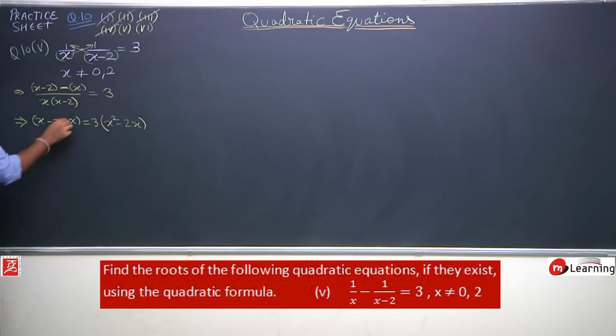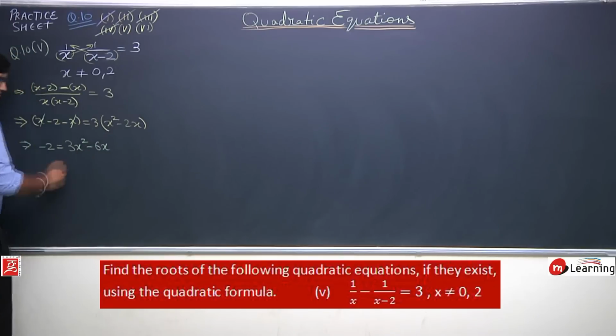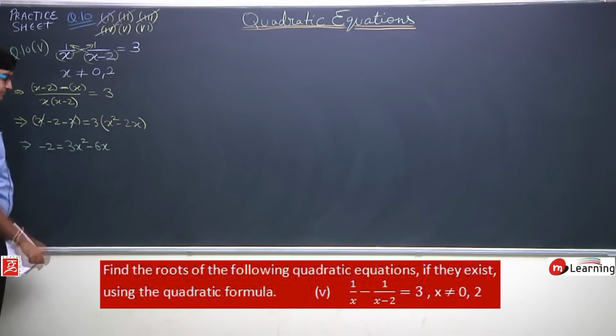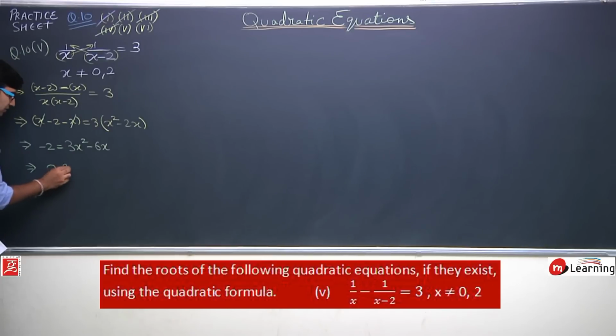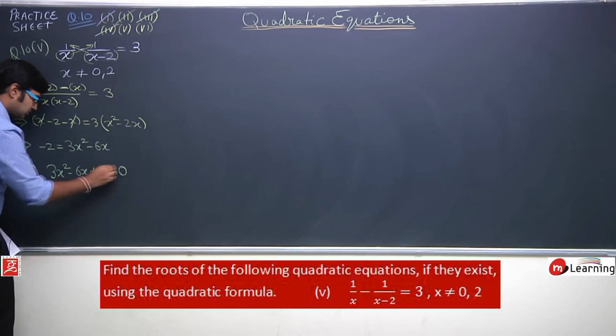Okay, so you can see that here x and x will get cancelled. It implies minus 2 is equals to 3x square minus 6x. Okay, this will become 3x square minus 3 2s are 6x. So minus 2 is equals to this expression. It means I can rewrite this as 3x square minus 6x plus 2 is equals to 0.